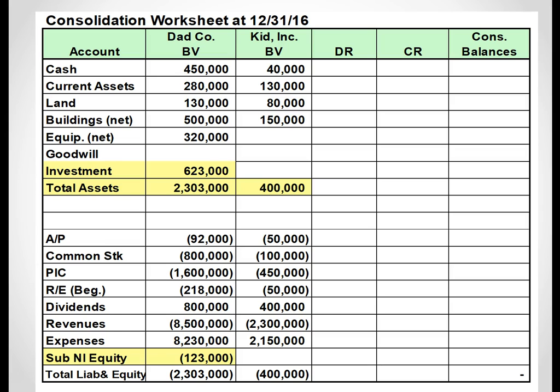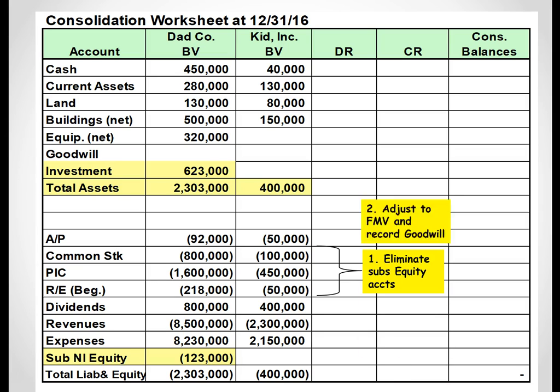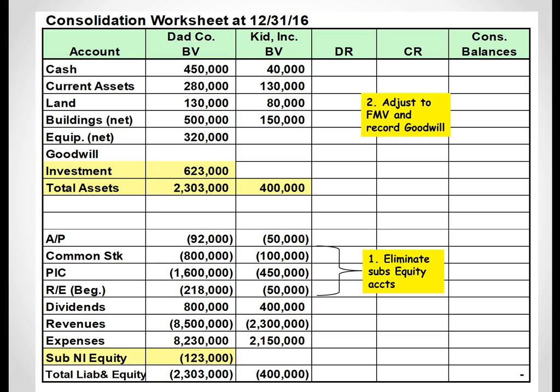So here's a little summary of the entries. The first entry we do is going to eliminate these accounts on the sub, which is the 100,000, the 450, and the 50. The next thing we're going to do is adjust to fair market value and record the goodwill for the sub's assets.